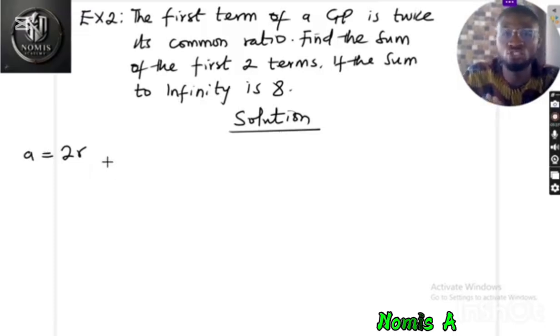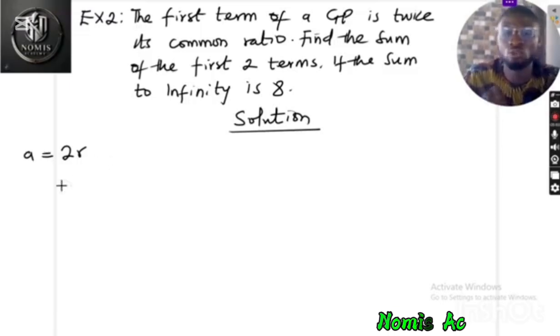Now find the sum of the first two terms if the sum to infinity is 8. So if the sum to infinity is 8, that means the sum to infinity exists and that the absolute value of r is less than 1. So r is less than 1.